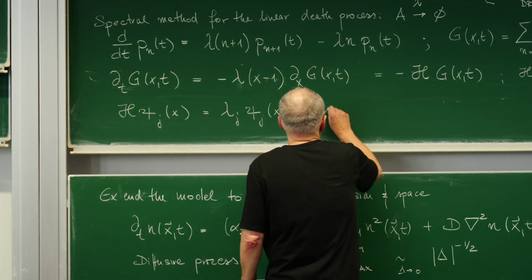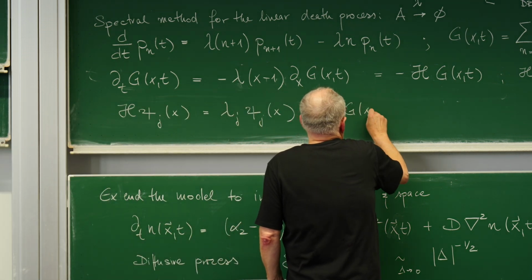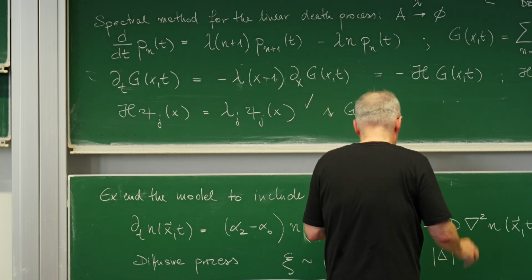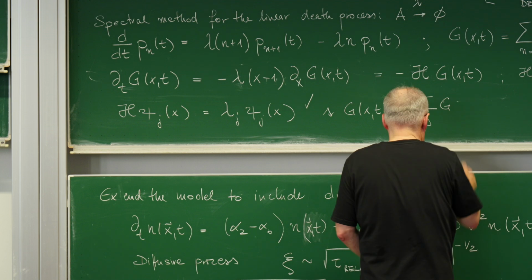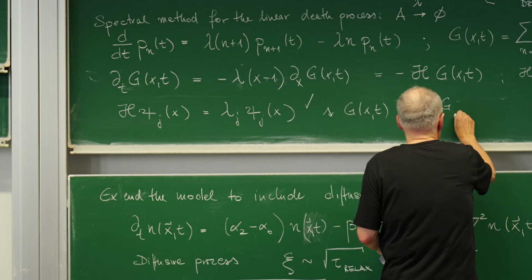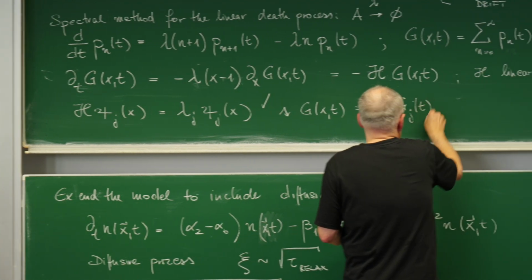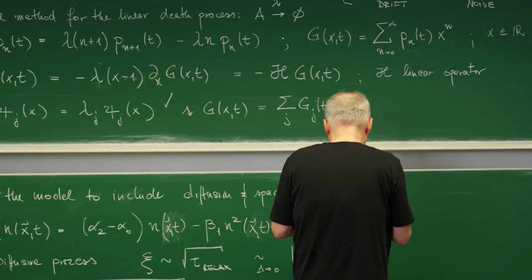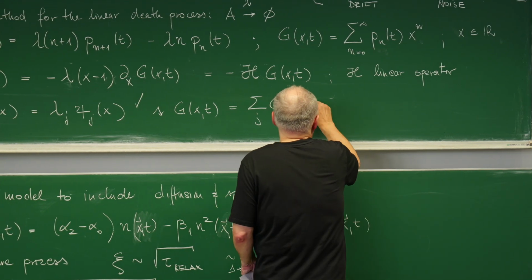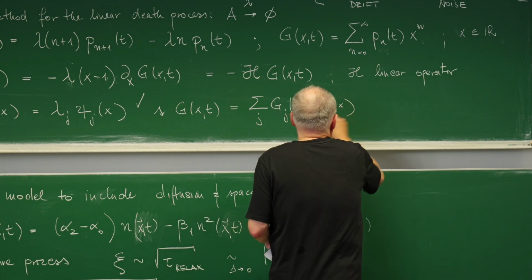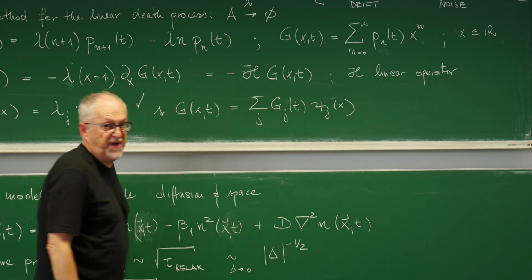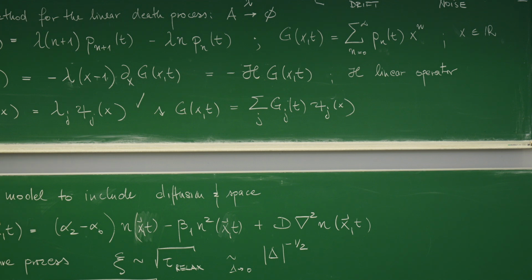Then, if you have them, you can write the solution as the sum over j of the initial values, which I call G j of t, times psi j of x, so standard expansion of the general solution in terms of eigenfunctions.